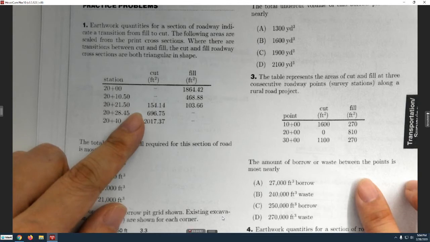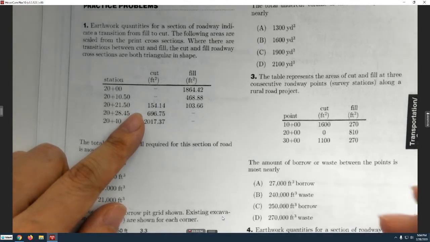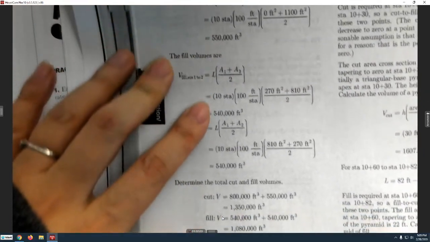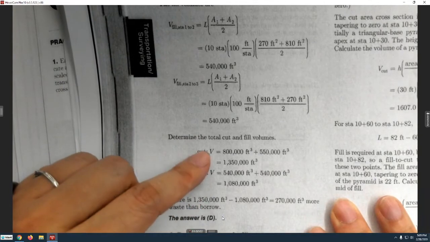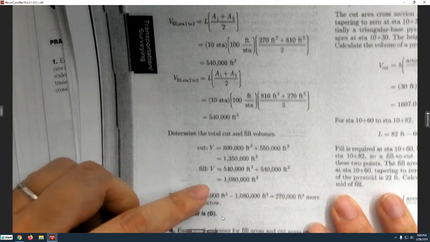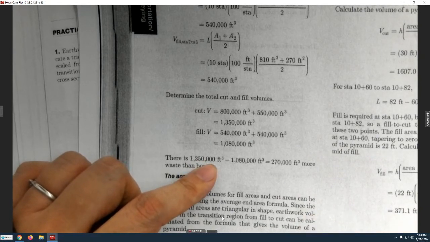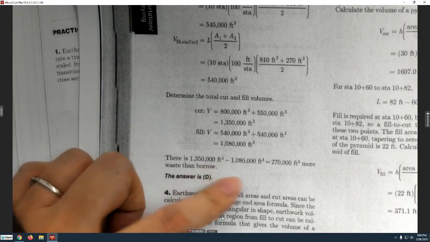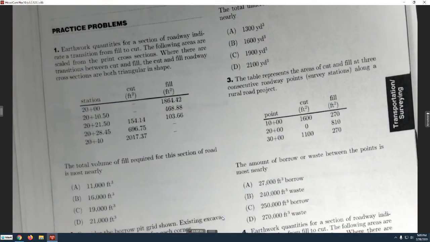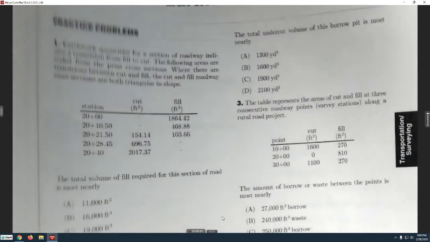In this case, you repeat the process, doing all the calculations, and then you get the total cut volume and the total fill volume. But this one asks for the borrow or waste volume, which is just the net, the difference between these two. That's it. So the answer is D.